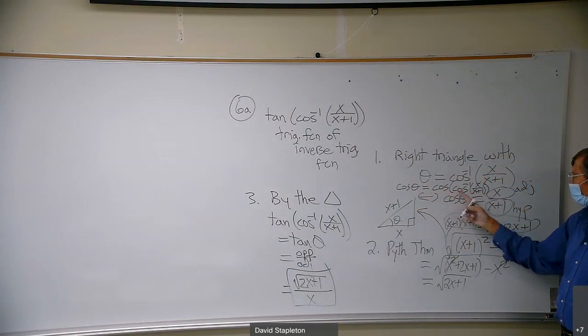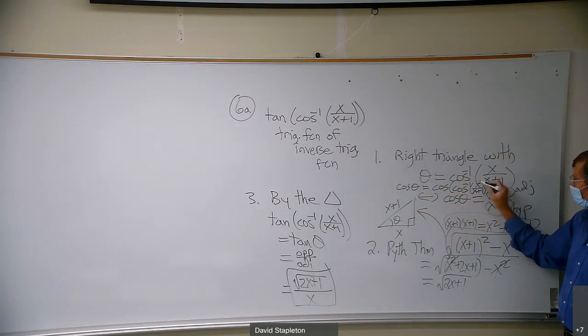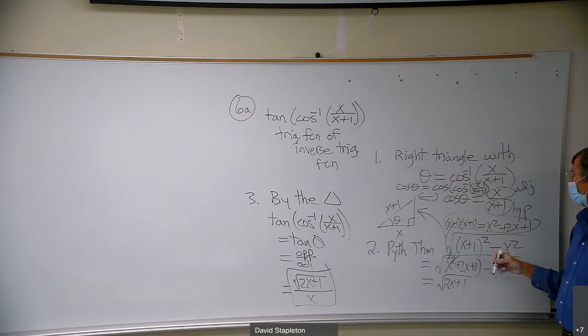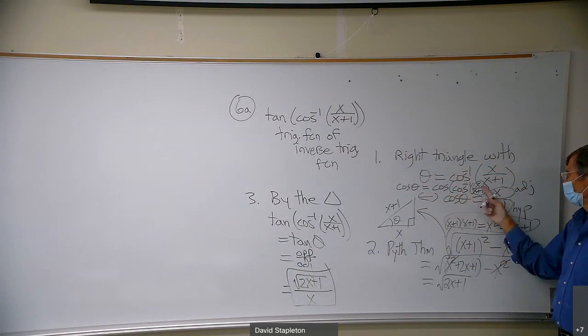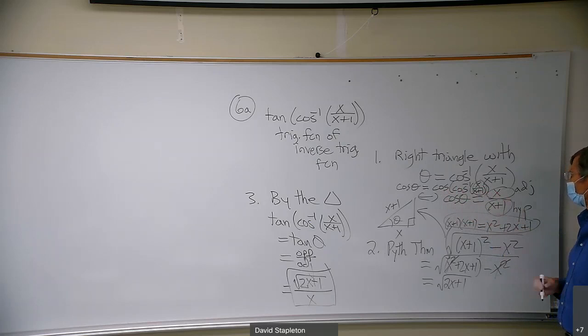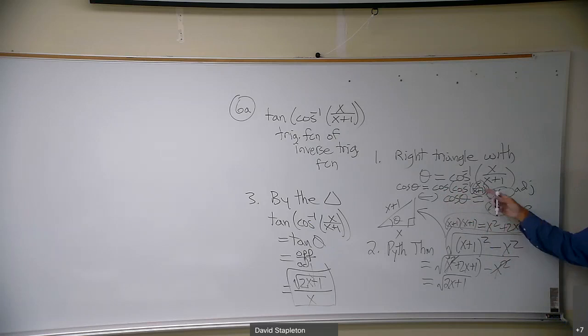But the cosine of the inverse cosine, for a positive number, this is in the first quadrant. These undo each other, and so this cosine and inverse cosine undo each other and just give you x over x plus 1. That does make the assumption that this is positive.